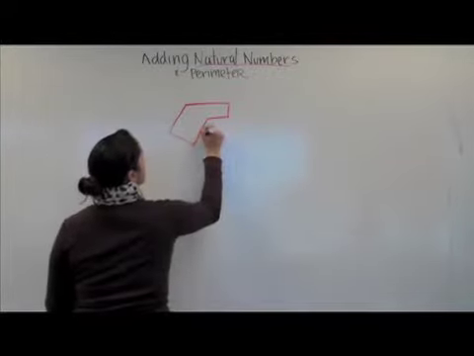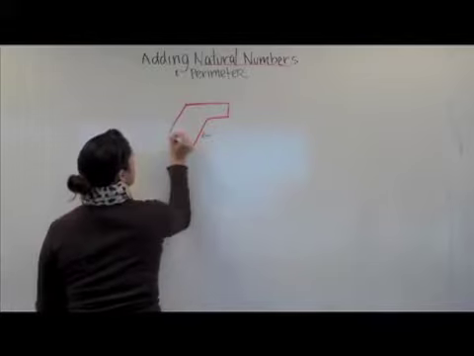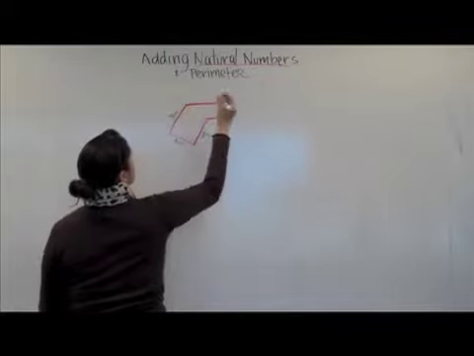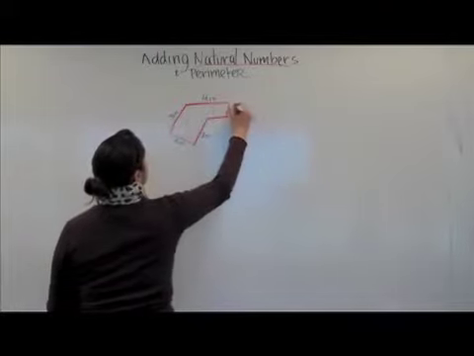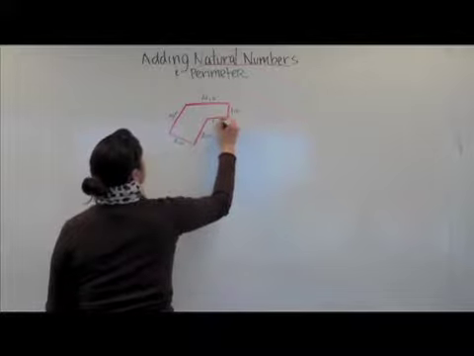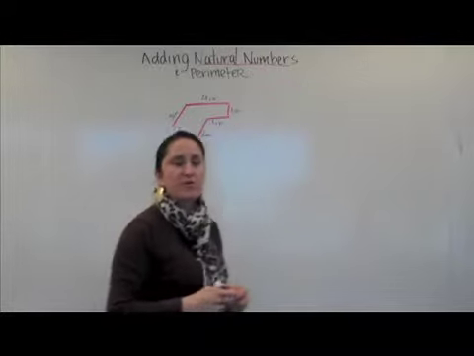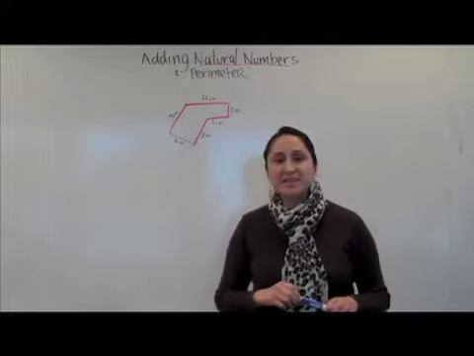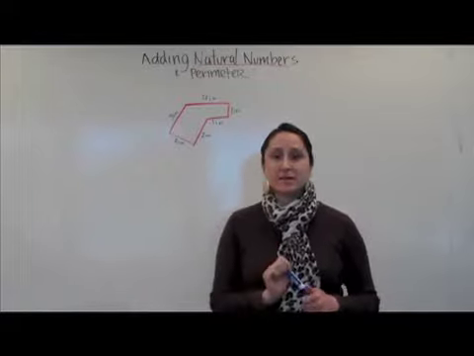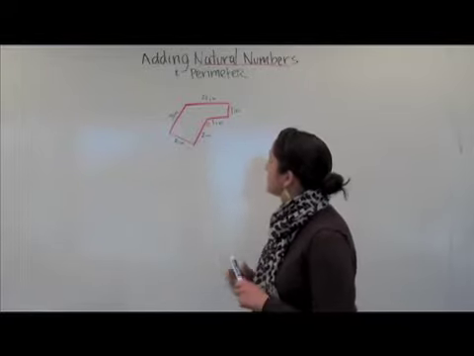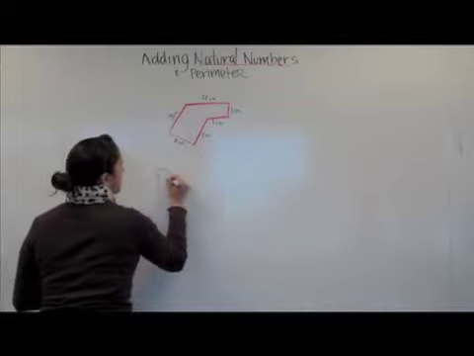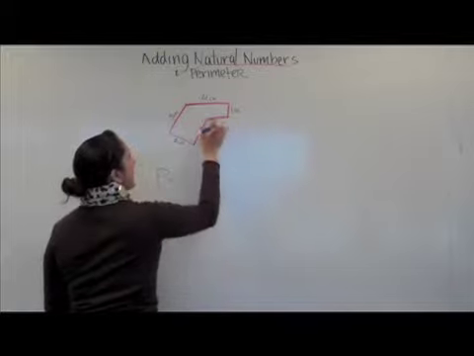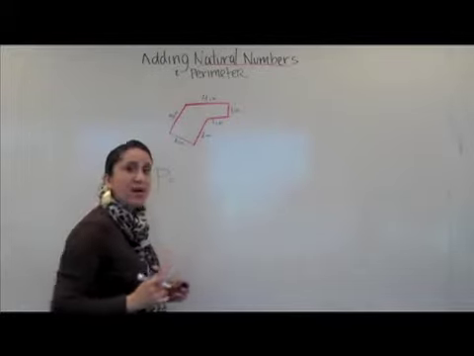Say this distance was 2 inches, this other distance was another 2 inches, this one was maybe 3 inches, this one was 4 inches, this one was 1 inch, and this one was 1 inch. What would be the perimeter of this polygon? We defined perimeter as the sum of the distances. That means the perimeter of this shape tells me that I have to add every side of this polygon.